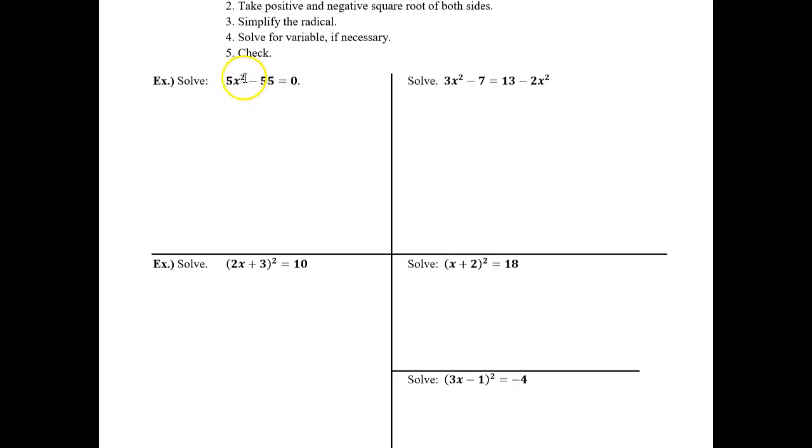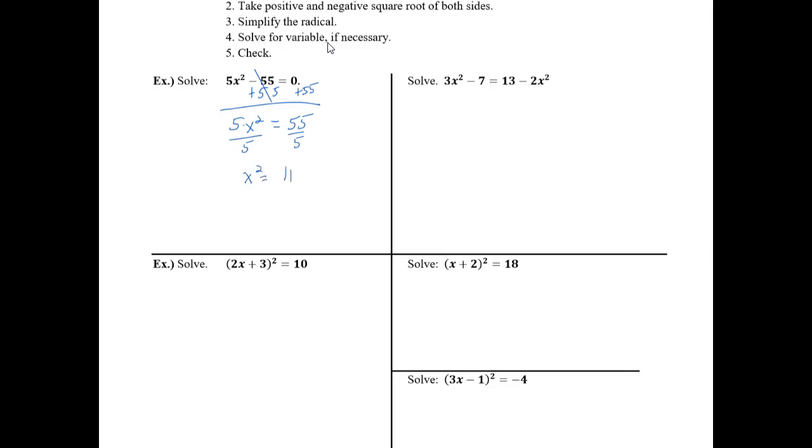So the way we're going to solve this is we're going to isolate that x squared term first, meaning I need to get rid of this 55, add it to both sides of the equation. Now I have 5x squared equals 55, and then I undo this multiplication with division, divide both sides by 5, and x squared equals 11.